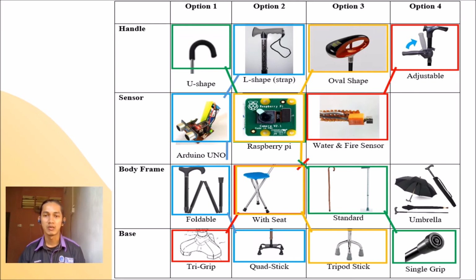For sensor, there are 3 options, which are Arduino Uno, Raspberry Pi, and water and fire sensor. For body frame: portable with seat, standard, umbrella. And for base, there are 3 grip, quad stick, tripod stick, and single grip.